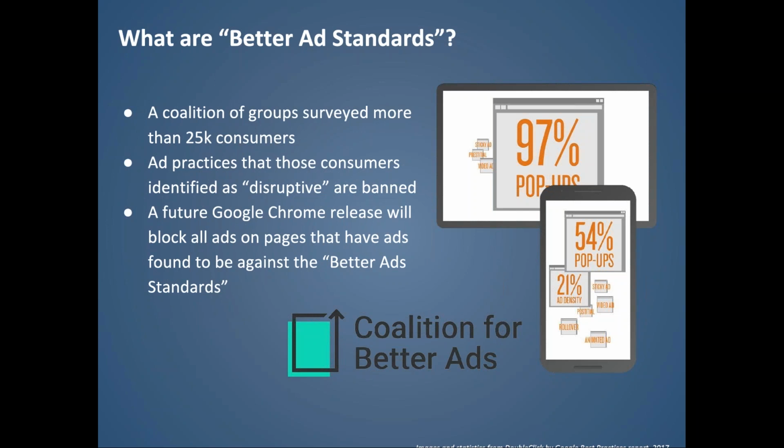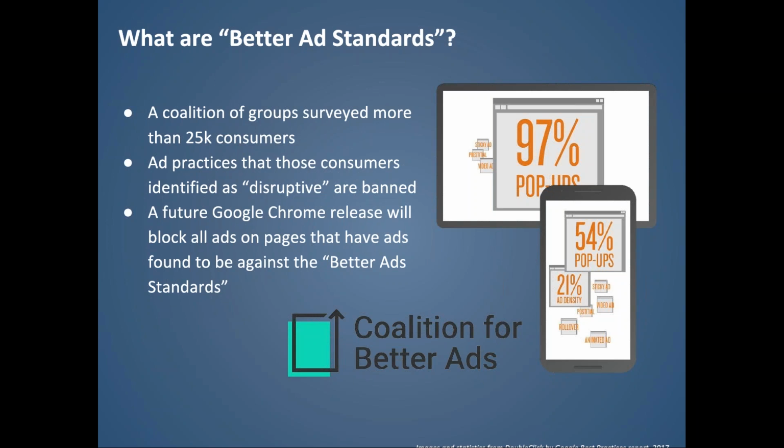And if 50% or more of the users said that it was a really annoying or really disruptive ad technique, then they put that on this list of basically bad ads or bad techniques that they are frowning upon.